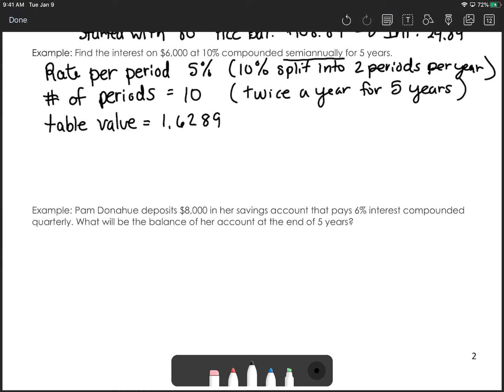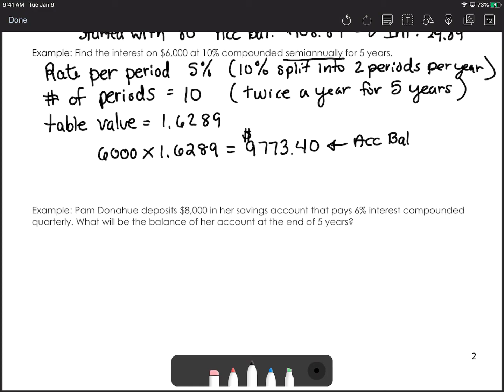So I'm going to take 6,000, which is our principal, times 1.6289. When I multiply that, I'm going to get $9,773.40. So this represents our accumulated balance. Now, if we want to figure out how much interest was earned, we got to figure out the difference in what our accumulated balance is and what we initially put in the bank.